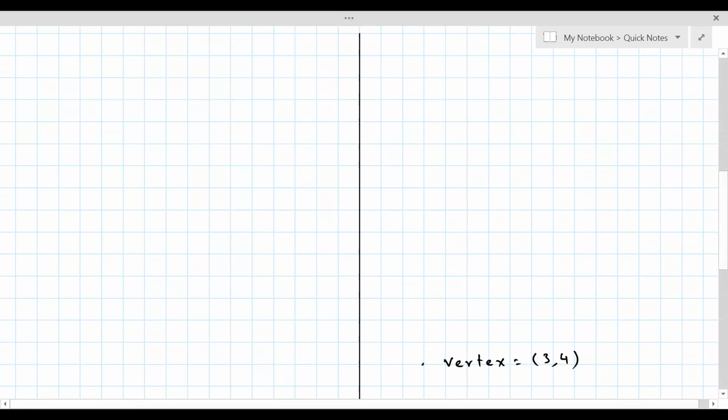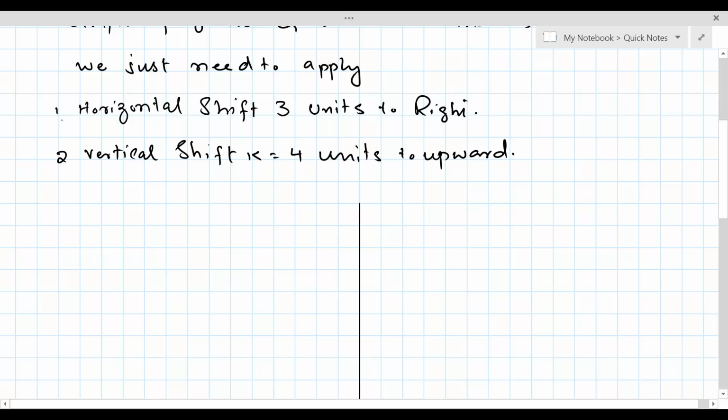Now we are going to apply the third transformation, which is the vertical stretch. Number 3, a is equal to 2, which is greater than 0. So the graph opens upward.